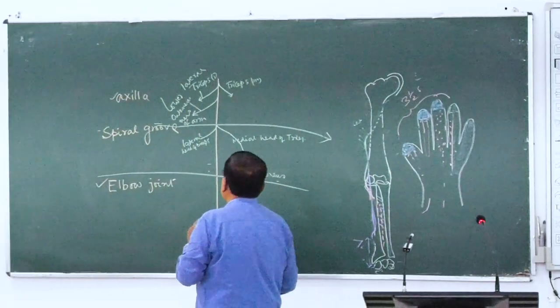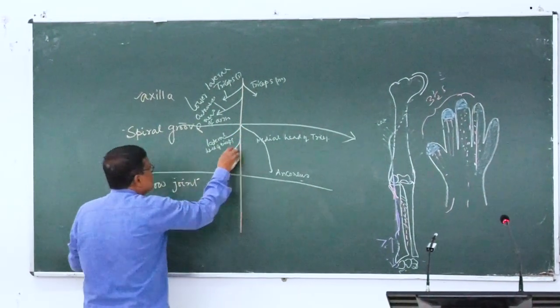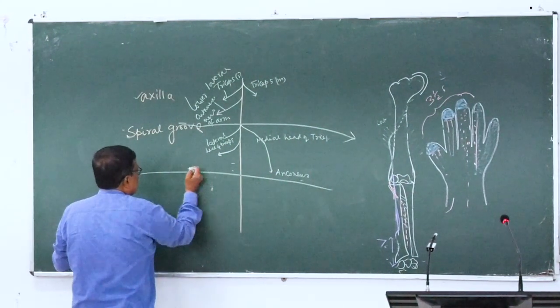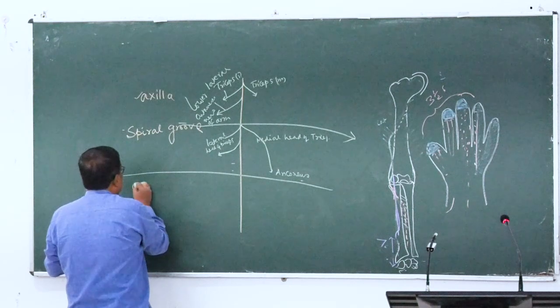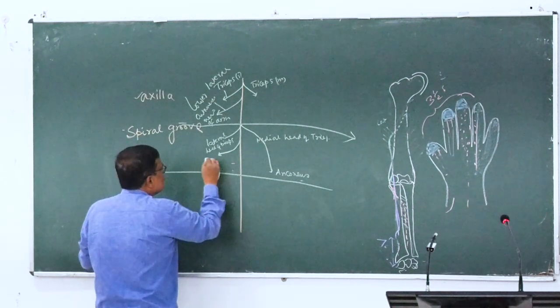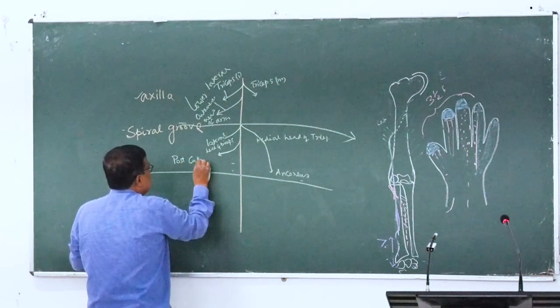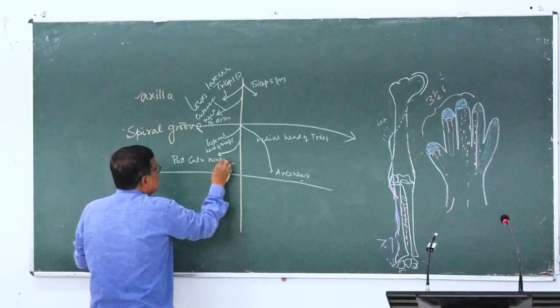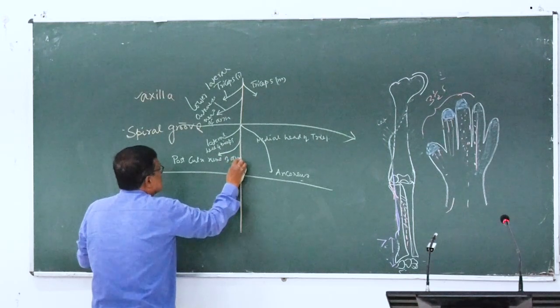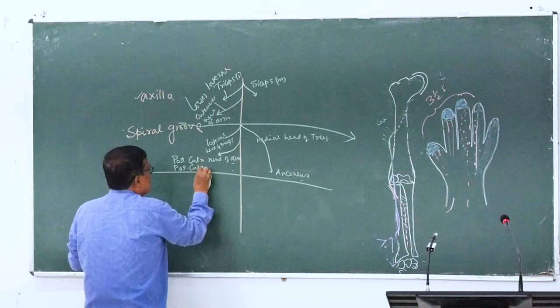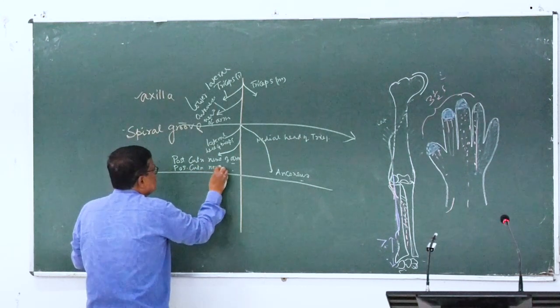Plus, it gives branches to two sensory nerves: the posterior cutaneous nerve of arm and the posterior cutaneous nerve of forearm.